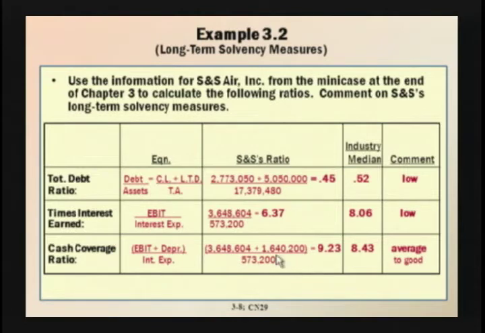So perhaps they had a lot of depreciation expense compared to their peers, and that caused their times interest earned to be low because the depreciation knocked the EBIT down. When we add that back, they actually looked quite good. So perhaps they had a lot of non-cash depreciation that adversely affected times interest earned, and since it was added back, it didn't have an effect on the cash coverage ratio.